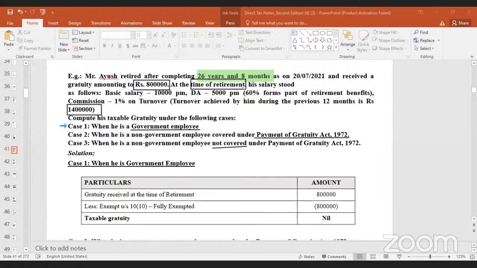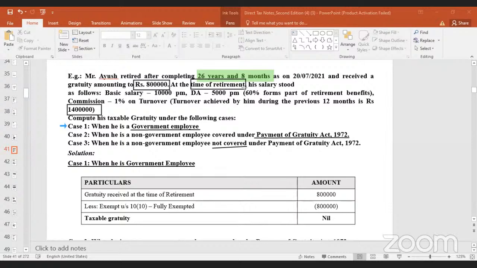Whenever a government employee receives gratuity at the time of retirement, the whole amount is exempted under section 10, subsection 10. Please look at the presentation part. In the new syllabus it's going to be descriptive, so presentation makes a very important difference.